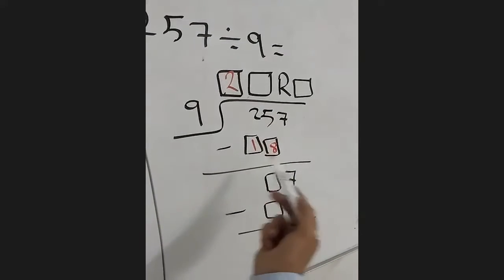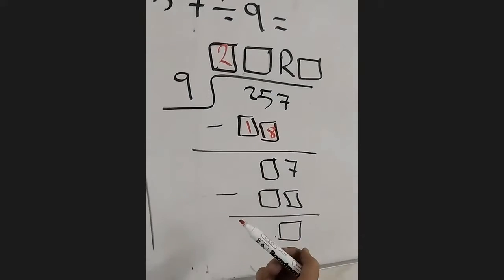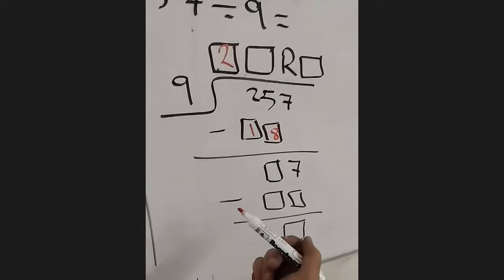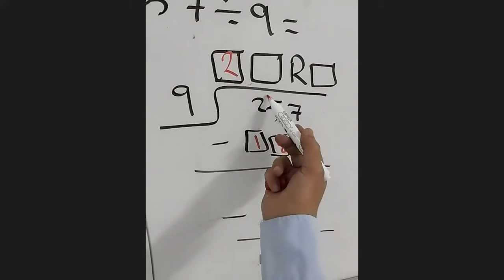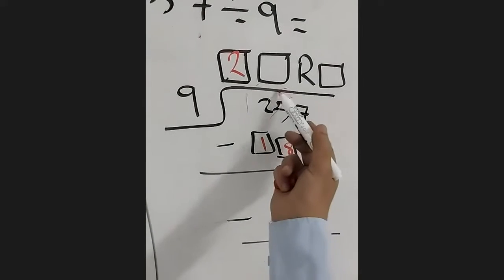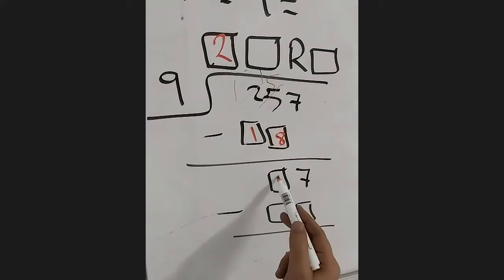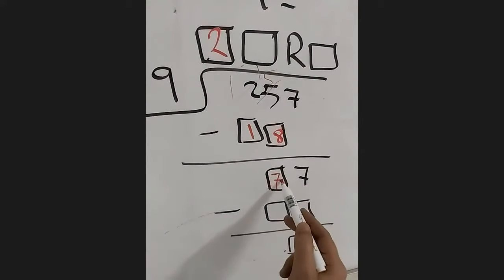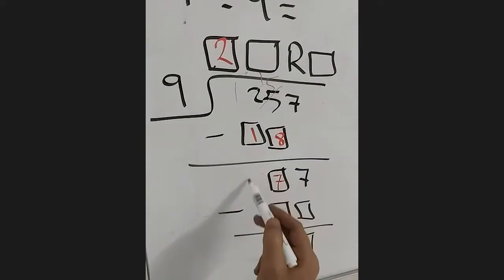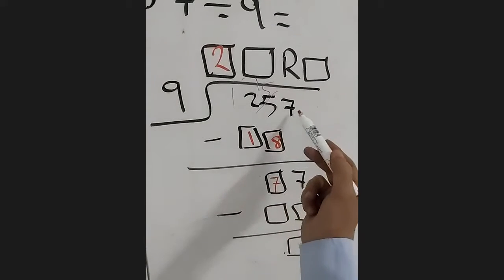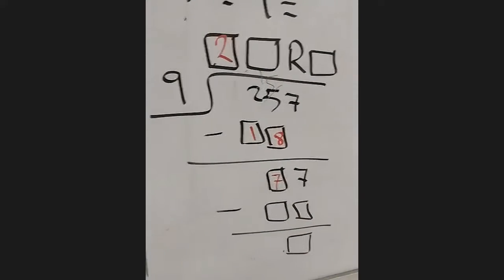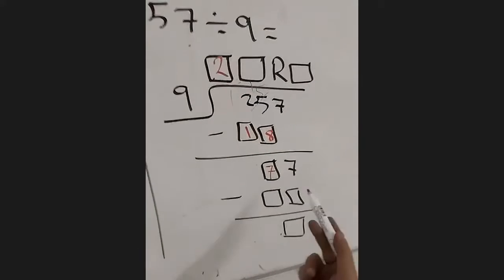Then 5 minus 8 we can't, we will take from the 2, it will be 1 and the 5 will be 15, right? 15 minus 8 is 7. And 1 minus 1, 0. No need to write 0. Then we bring the 7 down, right? We have 77.